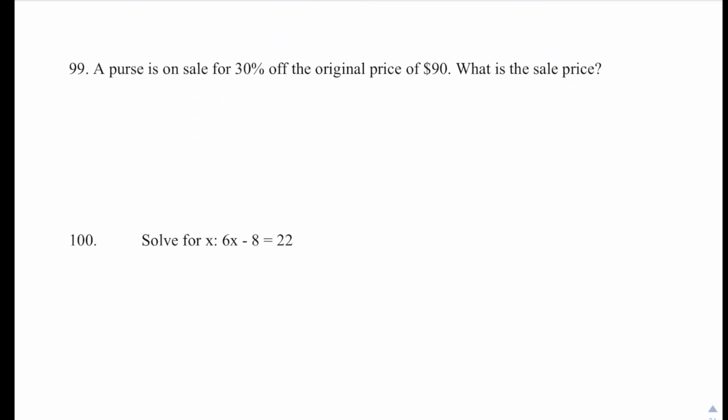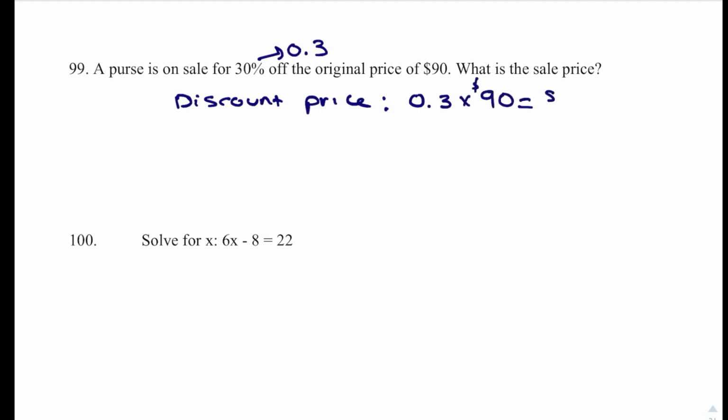A purse is for sale for 30% off the original price of 90. What is the sale price? So the discount price is going to be, 30 is going to change to 0.3. So this is going to be 0.3 times the original price of 90, which will be 27.